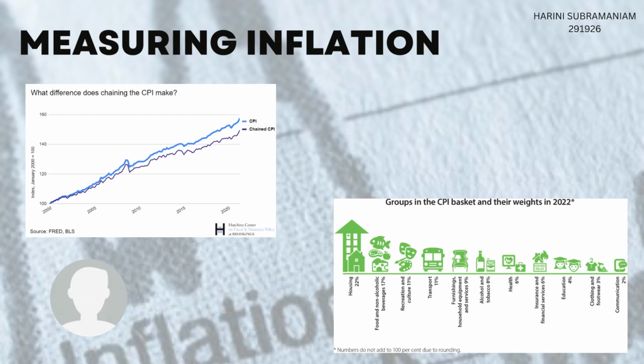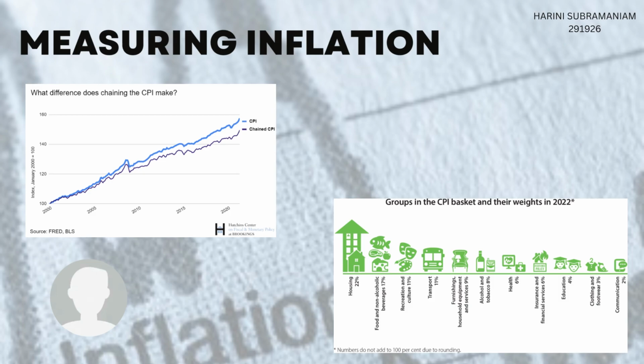Consumers' cost of living depends on the prices of many goods and services and the share of each in the household budget. To measure the average consumer's cost of living, government agencies conduct household surveys to identify a basket of commonly purchased items and track over time the cost of purchasing this basket.